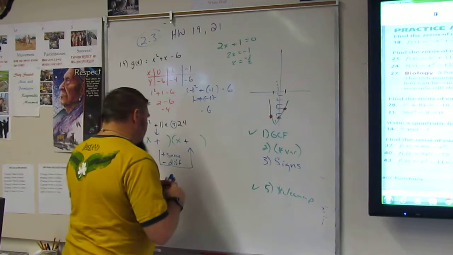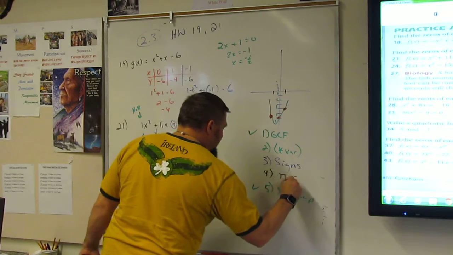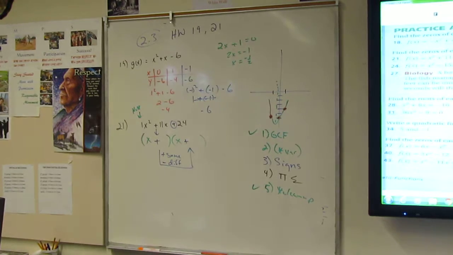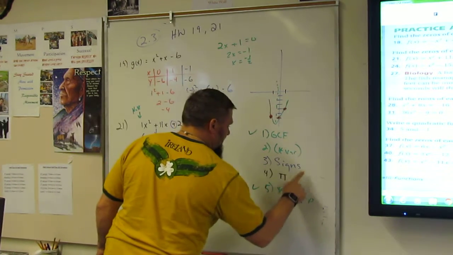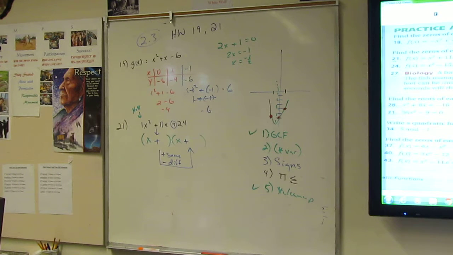And the fourth step is this thing called product and sum. Now the product is pi, and the sum is sigma. And in calculus, you're going to learn about product and sum.